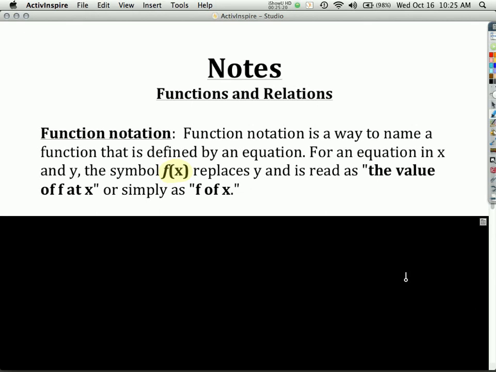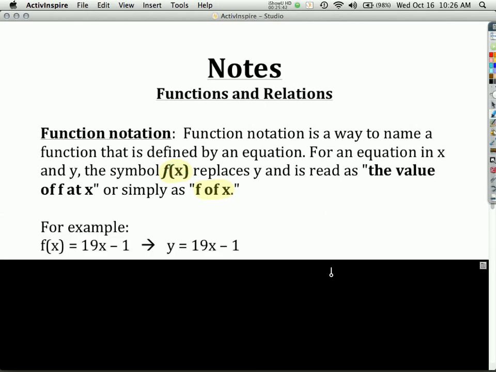This means the value of F at X, or what most teachers will say is F of X. Again, keep in mind that this is brand new for you, so if it initially doesn't make sense, that is totally normal. So this is read F of X.